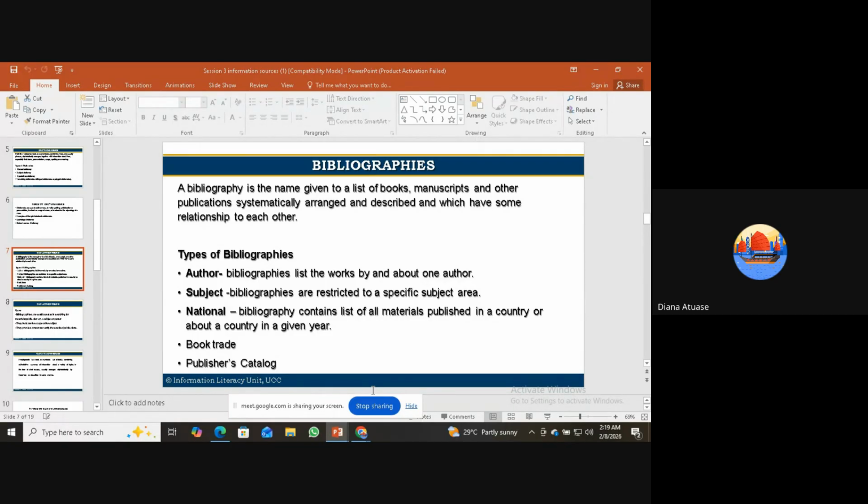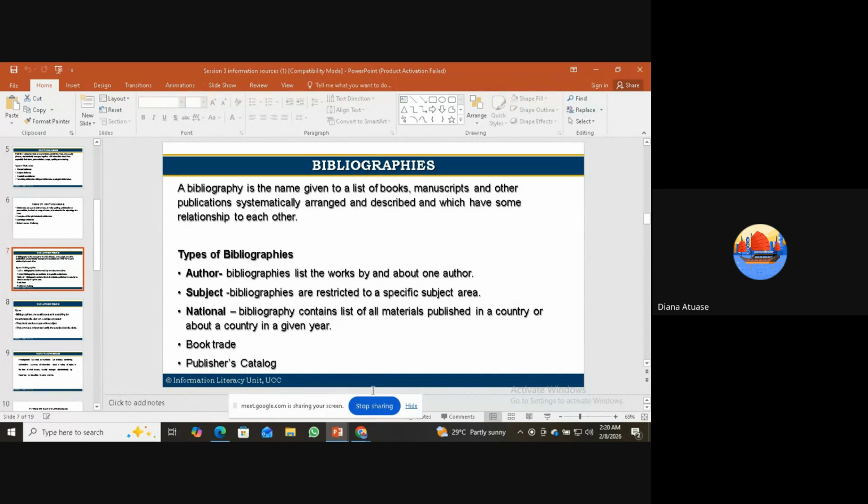So your name comes, the work that you have done, the title of your work, then the year of publication. So it will list all the works that you have published. Let's say, Sandra, you have published about 20 books in Ghana or about Ghana.